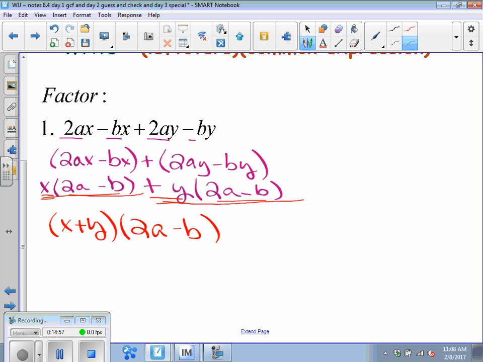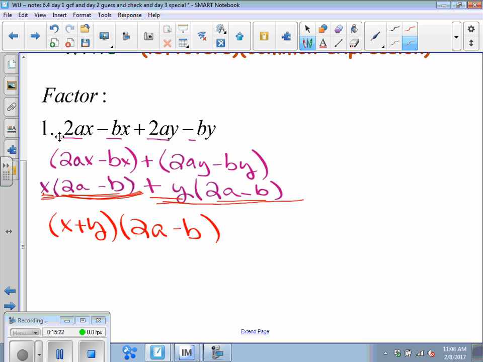Does that make sense? I'm taking this as my greatest common factor. And when I take this out, it leaves me with x plus y. Okay? So that's all you're doing. You're still factoring out the greatest common factor, but in that case, the greatest common factor is an expression.